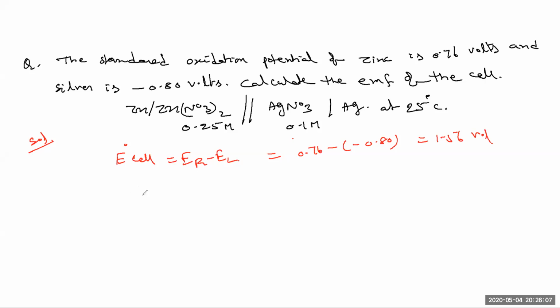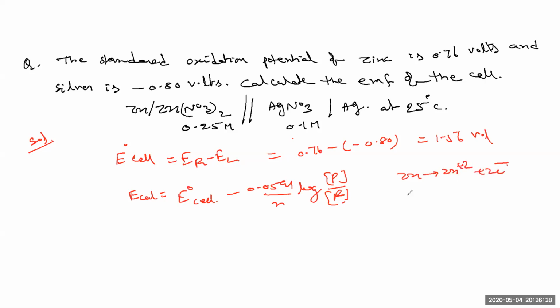Now E cell, or EMF of the cell, is equal to E0 cell, already calculated, minus 0.0591 by n into log of product concentration by reactant concentration. In the cell reaction, Zn gives rise to Zn2+ plus 2 electrons. Sorry, that is oxidation.